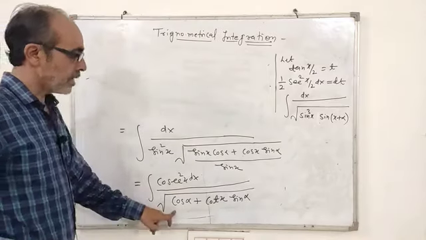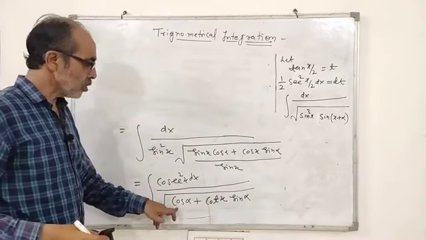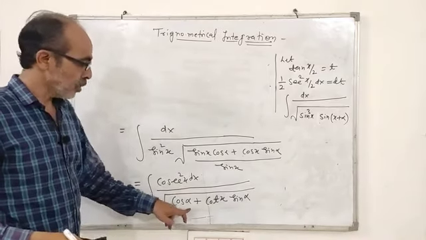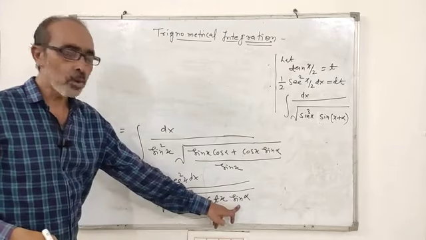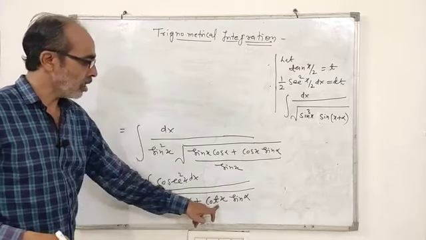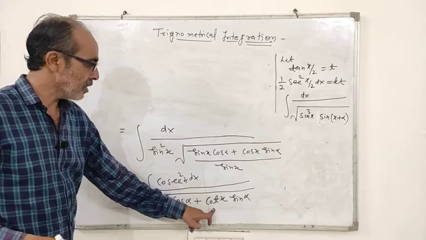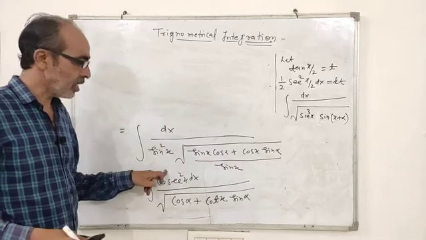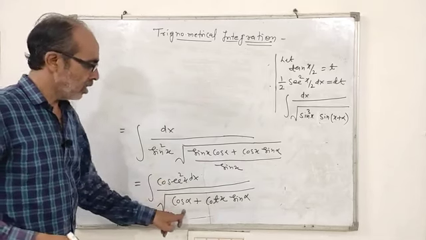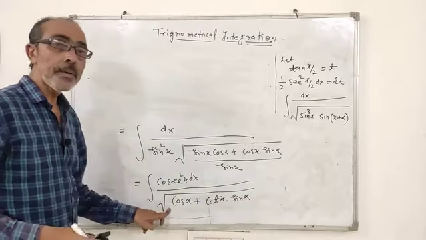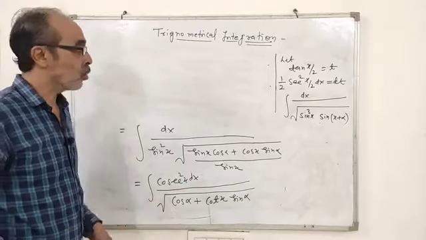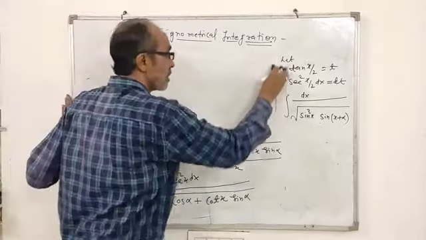And here we can easily use the substitution method, because cos alpha and sin alpha are both constant terms, but cot x is a variable and the derivative of cot x is negative cosec square x. So we can assume this complete term as t square.